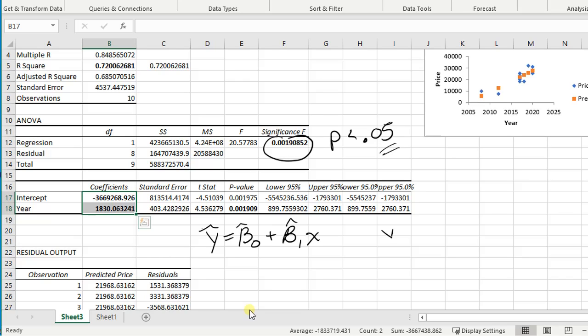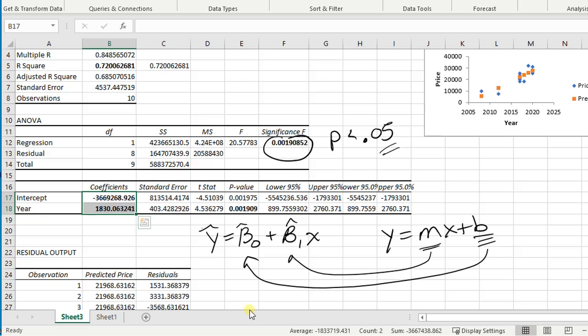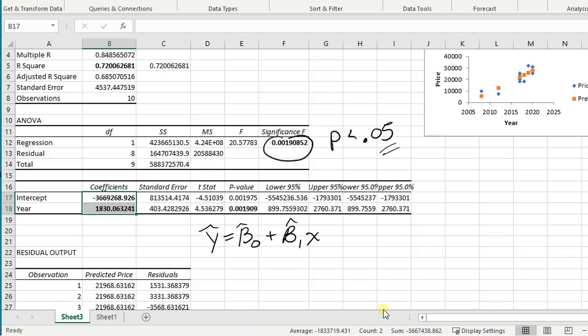Remember y equals mx plus b from high school when you were learning about a linear line? That's basically the same thing. So this b here is the intercept, m is the slope. Now we can get these values.